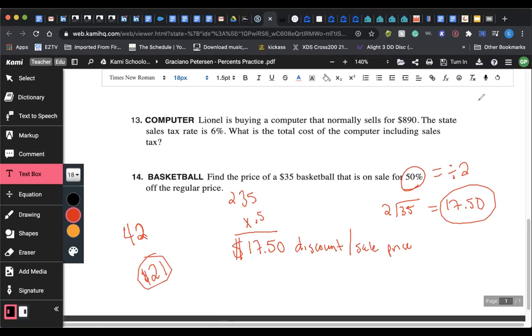All right, so far we've learned how to do shortcuts for 10%, 20%, and 50%. The other one that's a pretty easy shortcut is 25%, which is just a division by 4, or divided by 2 twice.